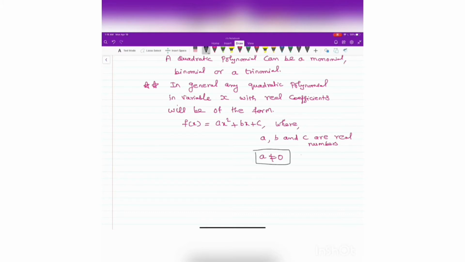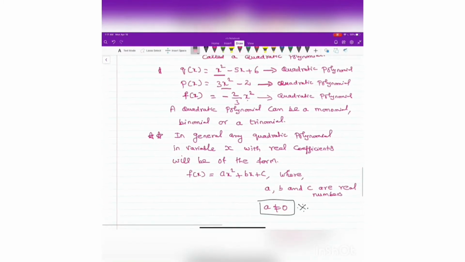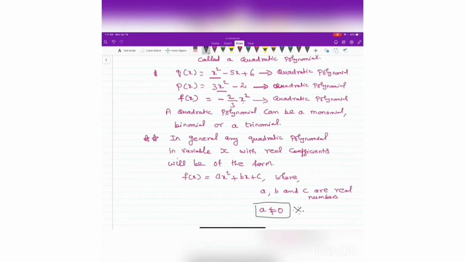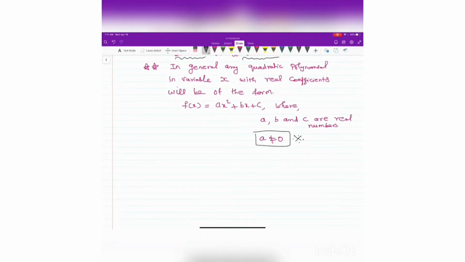This condition is very, very important, because if a is 0, then 0 into x square will be 0. Then it will not be a quadratic polynomial. It will be reduced to a linear polynomial. So you will be getting f of x equal to bx plus c. Anyway, let me underline here also, so that a quadratic polynomial can be a monomial, binomial or trinomial. Yes. This is how we will write any quadratic polynomial in general form.